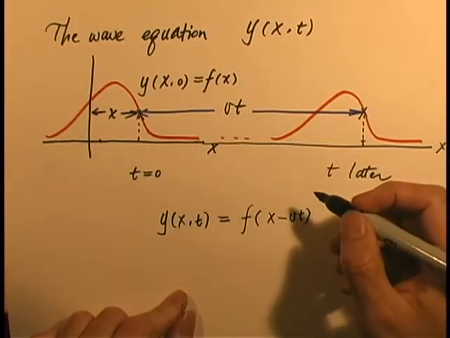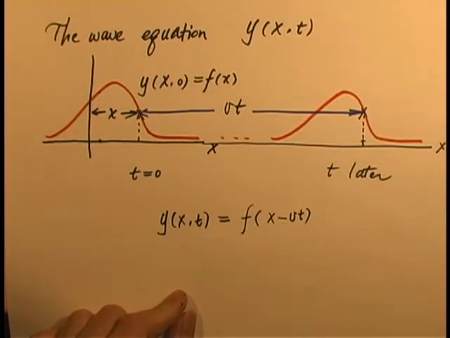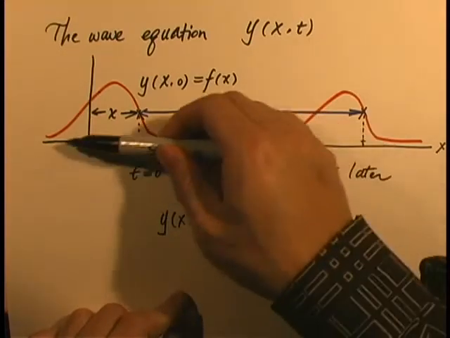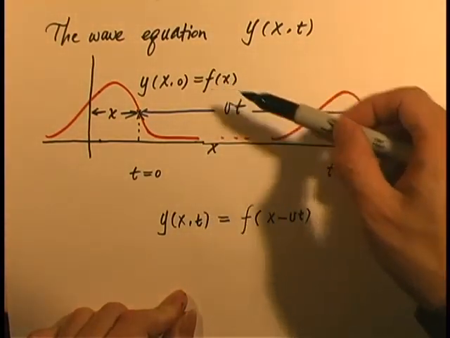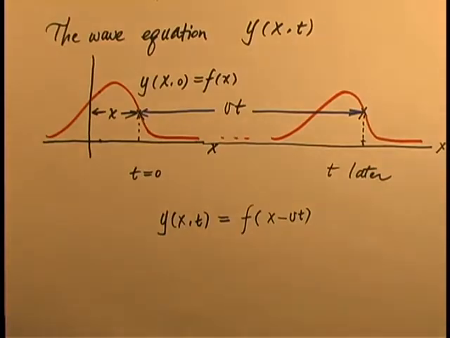So what did that tell us? It tells us that if we know the function which describes this waveform at t equal to 0, we call this function f of x. So again, what is f of x? It is the form of the wave at t equal to 0.